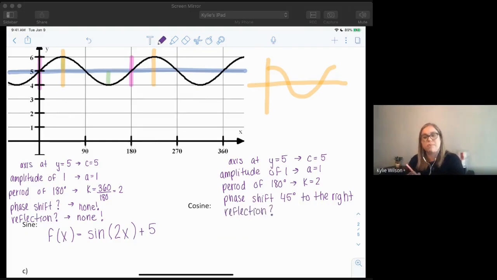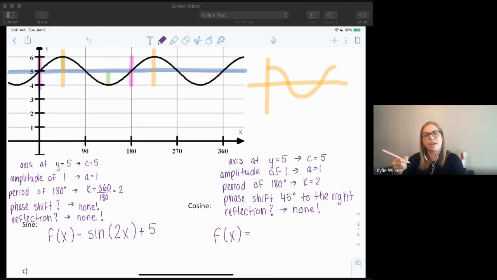And now a reflection. The shape of my cosine curve starts at a maximum, goes down, up to another maximum. Because I have the same shape on this graph, we know that there is no reflection. Now that we've gone through all of the key features, we can write out our equation.